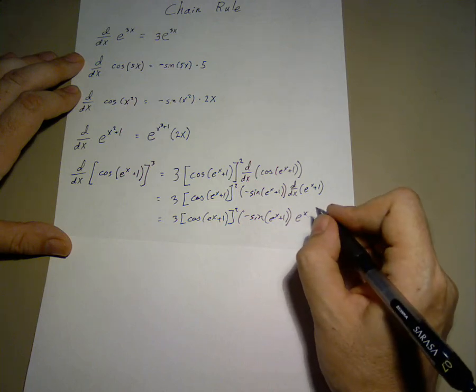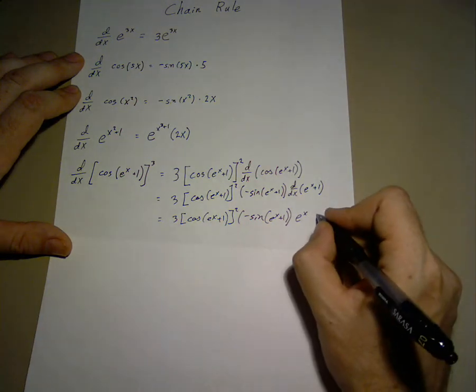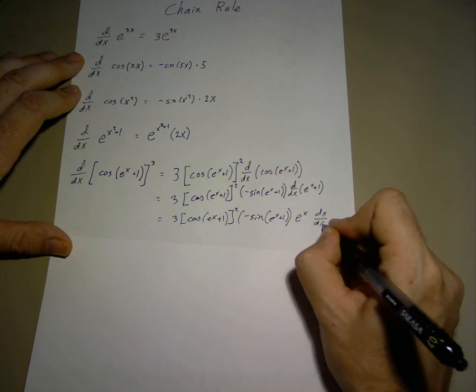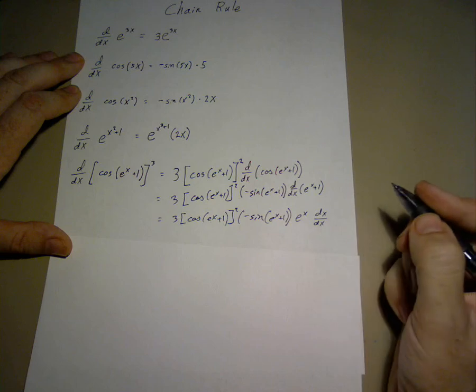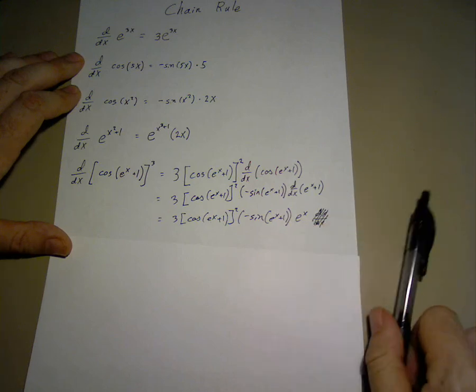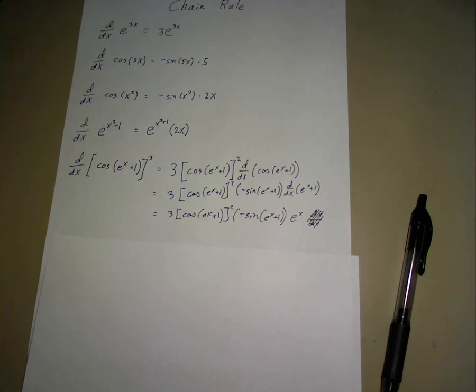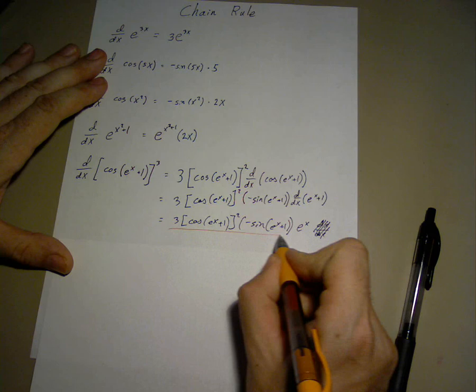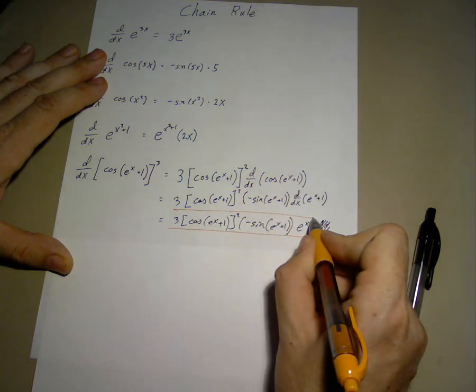If you wanted to be pedantic, we would next say derivative of x, dx, but that is simply 1, and we can ignore it. In which case, the correct derivative is this right here.